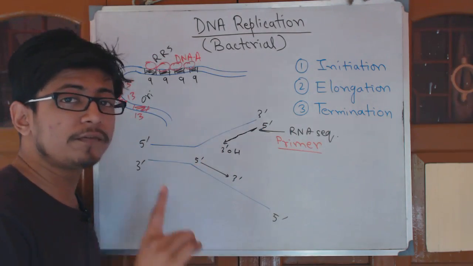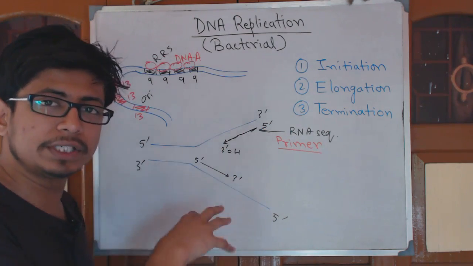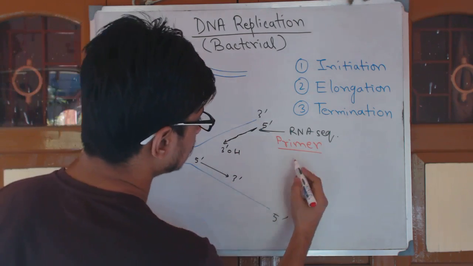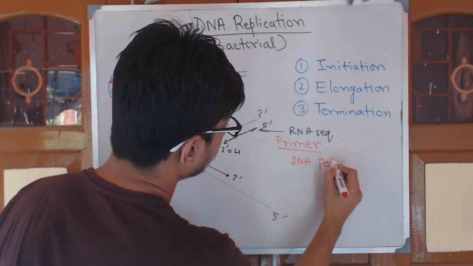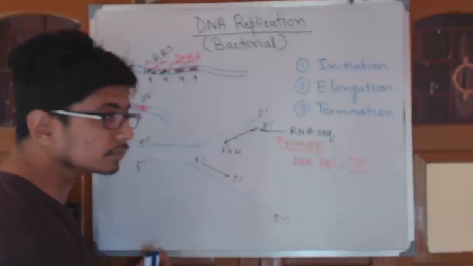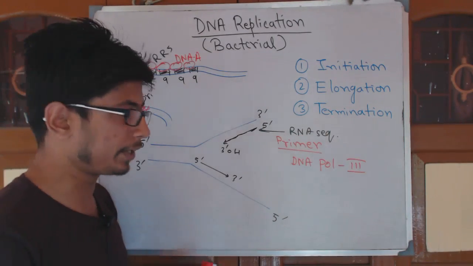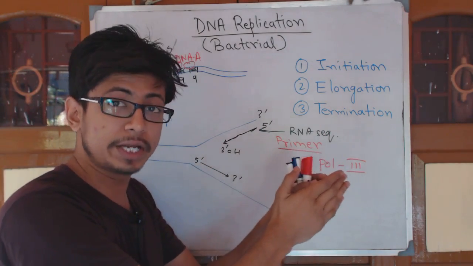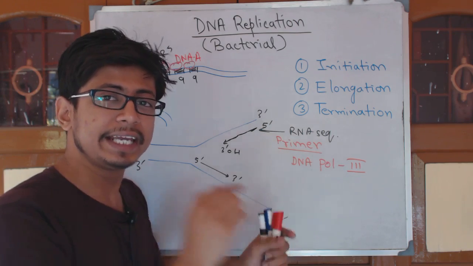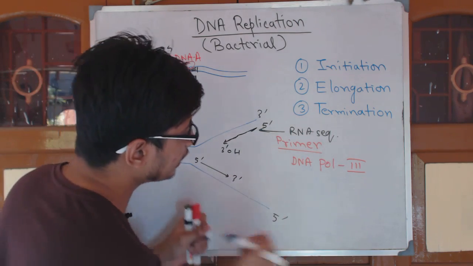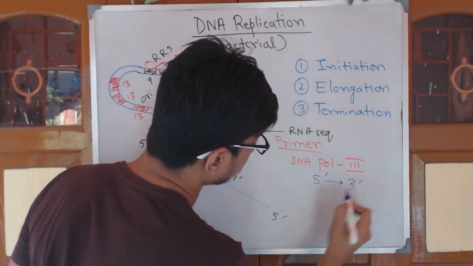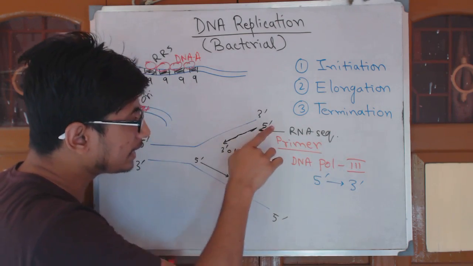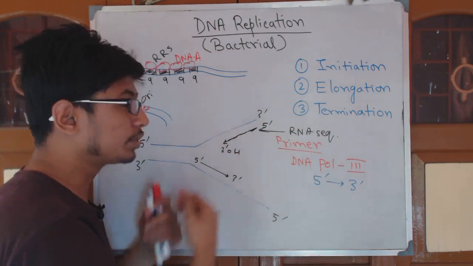That's the job of the DNA polymerase enzyme, and the enzyme we use here is DNA polymerase 3. So DNA polymerase 3 is recruited. But the problem is that DNA polymerase 3 can only synthesize the DNA strand in one direction, and that direction is 5' to 3'. That is the directionality of DNA polymerase 3 action. The new DNA strand will be produced from 5' to 3'.